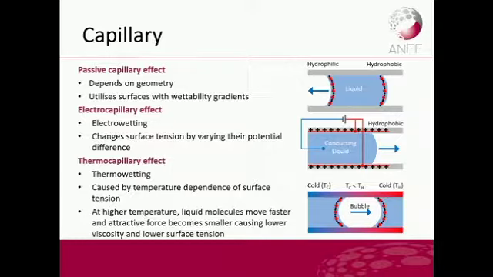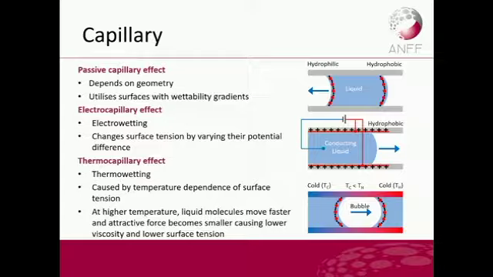Another one that you want to look into, for electronics and so forth, is called the electrocapillary effect, or electrowetting. That's where charges are applied across the liquid and the plates, so you can drive it with the charges, the changes in potential difference.